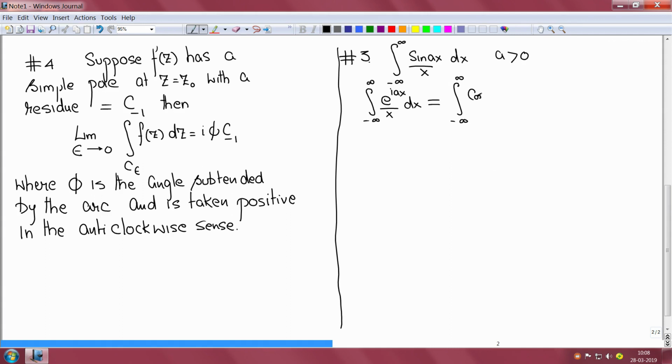that can be written as the integral from minus infinity to infinity of cos ax over x dx plus i times the integral from minus infinity to infinity of sine ax over x dx.